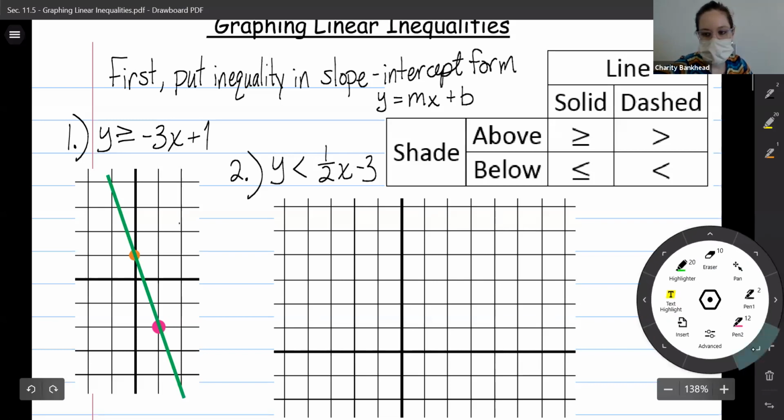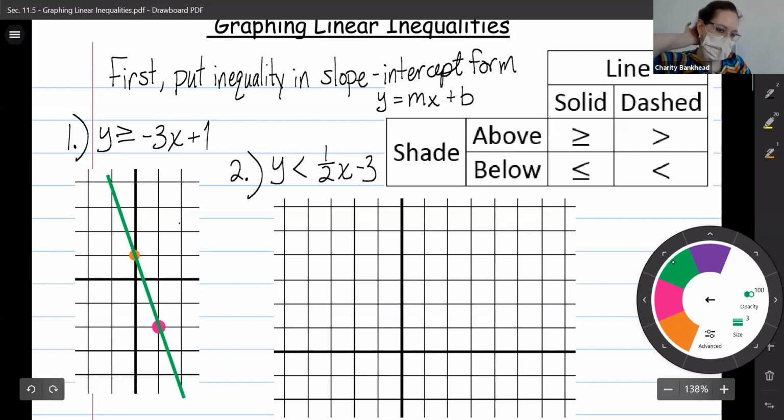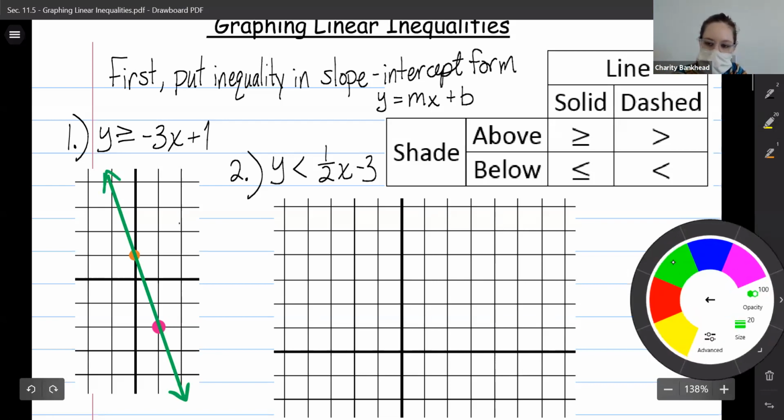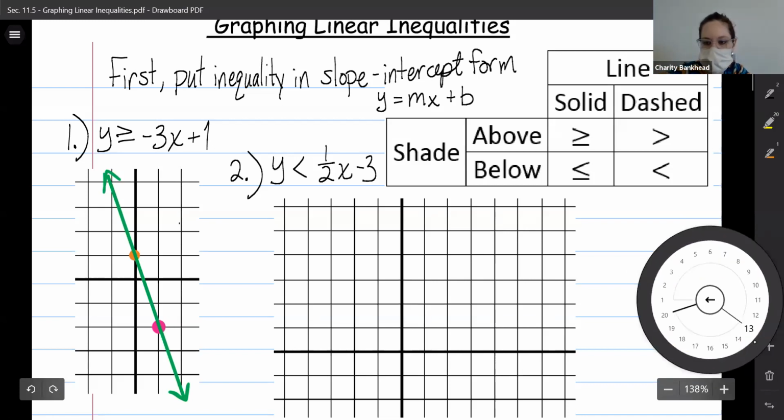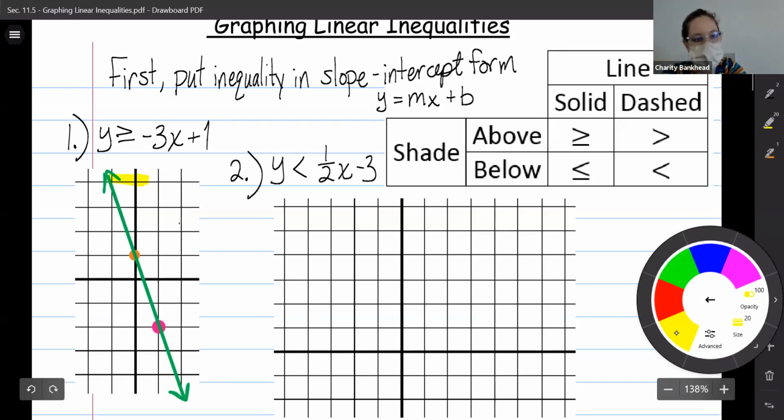And then we need to do the shading. It says y is greater than or equal to, which means I'm going to shade above this line. So as if you're on that ladder. Okay, there we go.